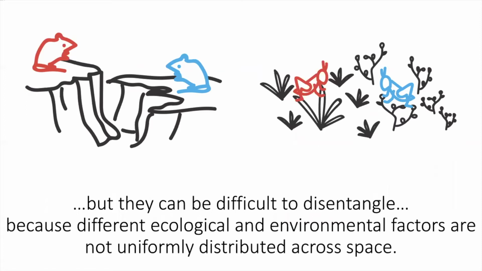So the geographic barrier between the mice is completely correlated with how far apart they are, and different vegetative communities that these grasshoppers might be adapted to are also not overlapping in space.